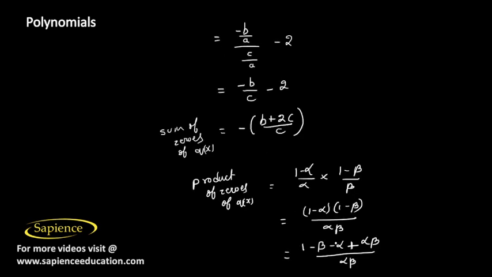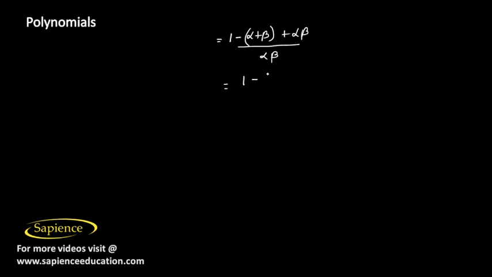Now from these two terms we can take minus common outside, so that will be (1 − (alpha + beta) + alpha beta) divided by alpha beta. So we can substitute the values of alpha plus beta and alpha beta.